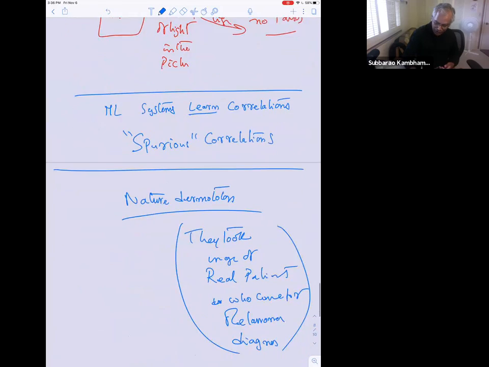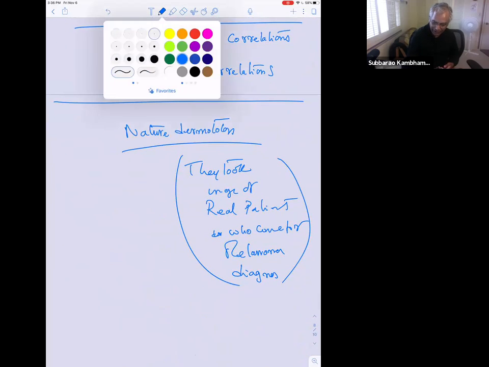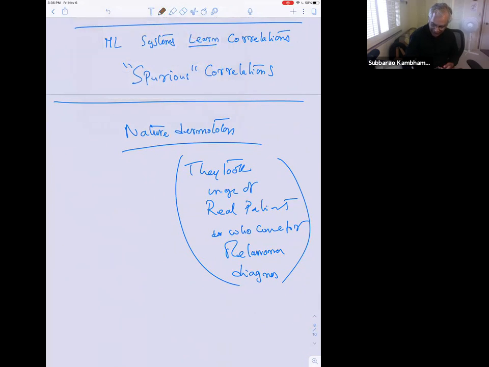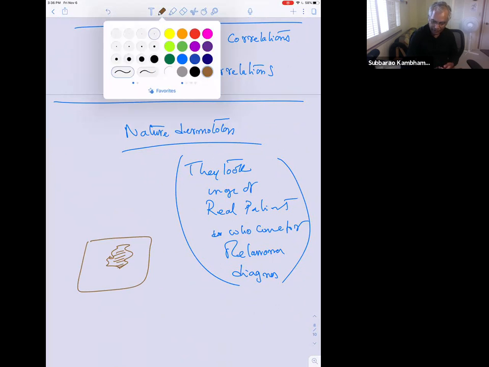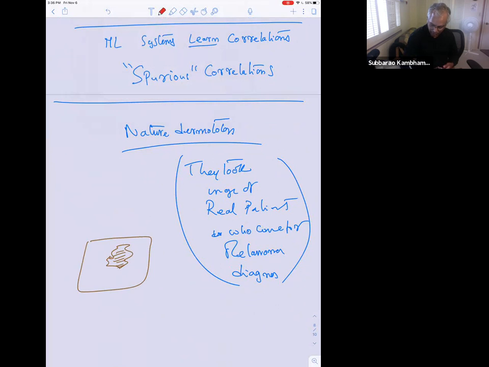And it turns out what the system was looking at was like this. Imagine there's a photograph of something like that. That's a splotch. And there is some sort of an arrow. It was looking for that arrow.